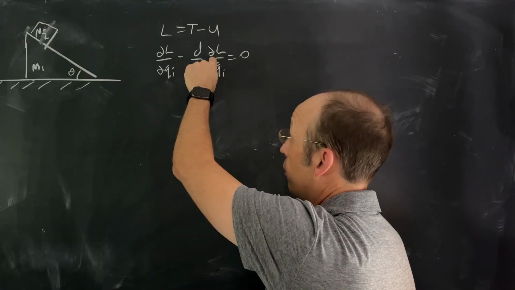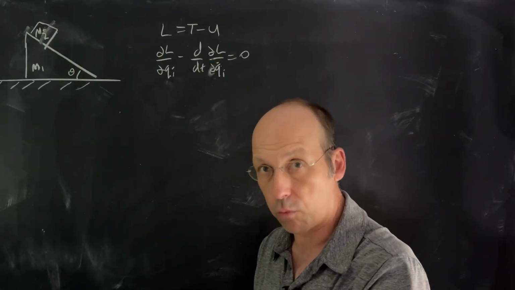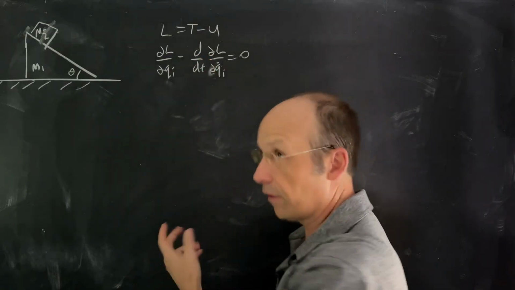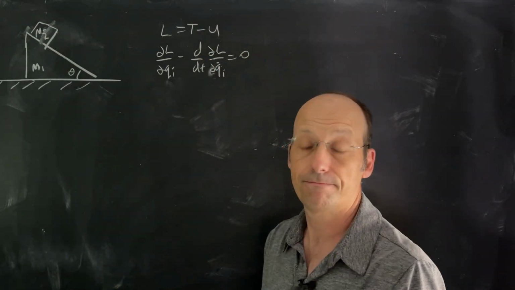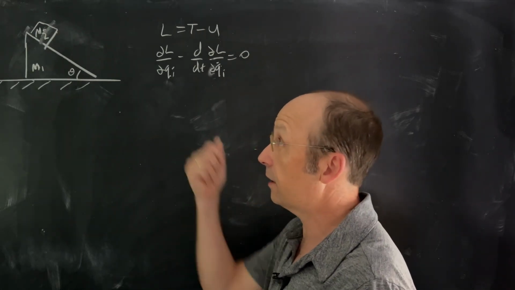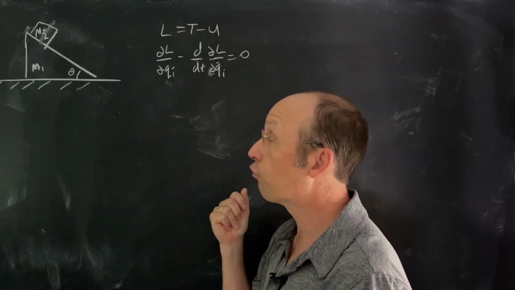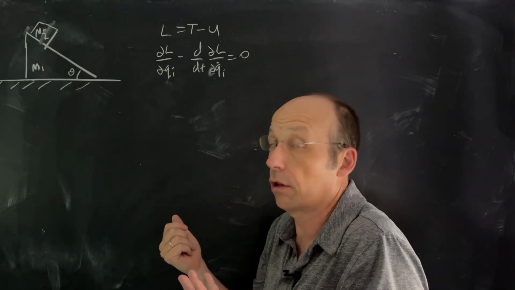And then I take the partial of L with respect to q_i dot, which is the time derivative of one of those coordinates, and then I take the time derivative of that, and those 2 things have to subtract to be 0. That's the method. So the beauty here is that as long as we can pick some reasonable coordinates for this system, then we can write down our Euler-Lagrange equation.